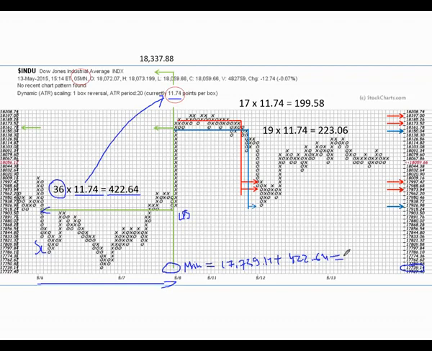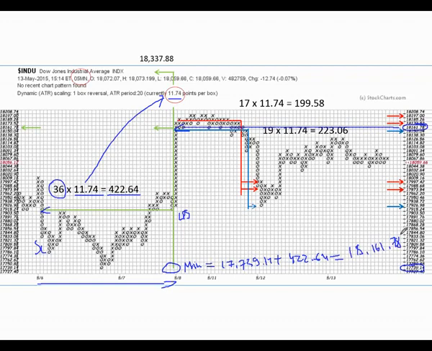Then, after this minimum objective is achieved, we get a classic distribution. If you want to do a lot of point and figure counting, you want to practice, this is a great way to practice. You can see this in real time, and it doesn't matter whether it's stocks, ETFs, indexes, whatever you want to look at, you're going to get a lot of opportunities to practice your counting.